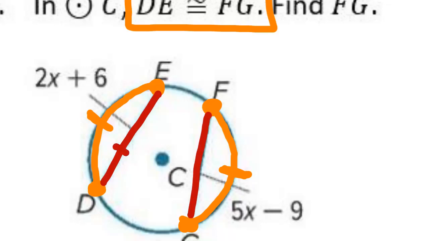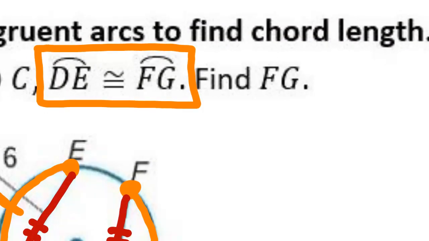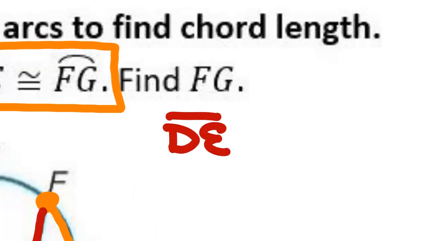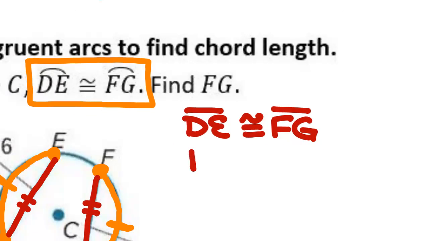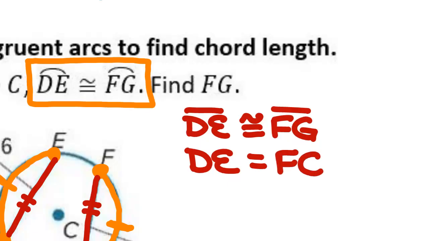They are congruent, yes. So let's mark those with some congruence marks. Segment DE, which is a chord, is congruent to segment FG, which is also a chord. So the length of segment DE is equal to the length of segment FG.